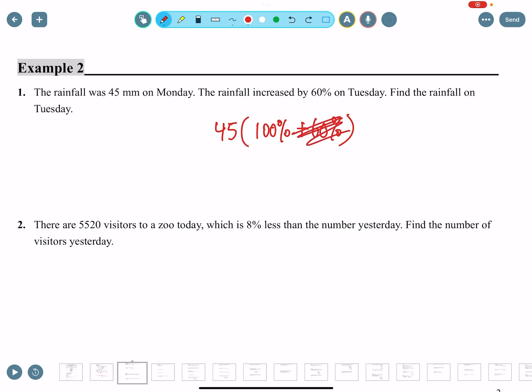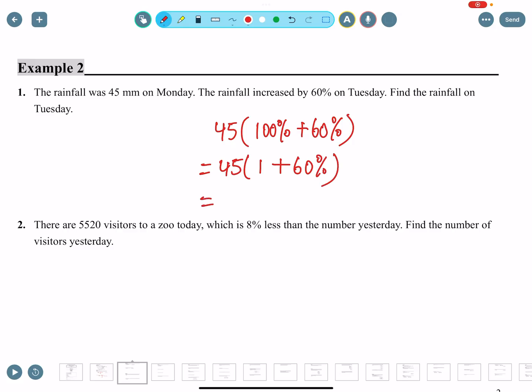If you just do 45 times 1, it's back to the original. So we want the original plus an additional 60%. What would 45 change to? In simpler equations, 1 plus 60%.